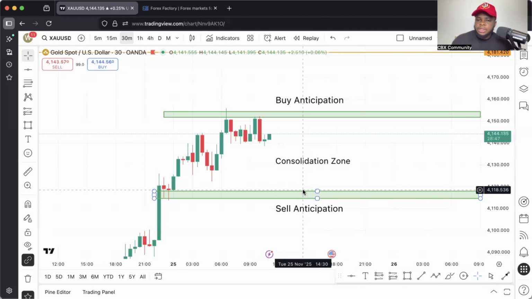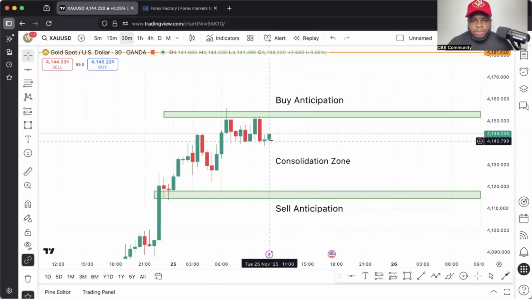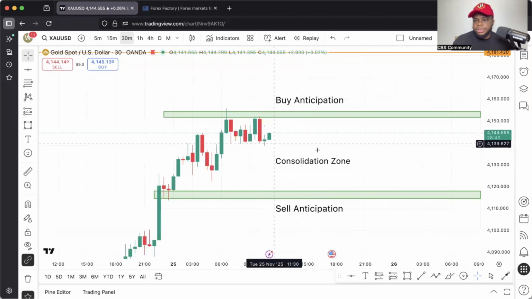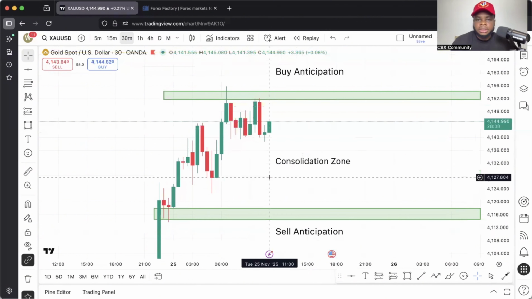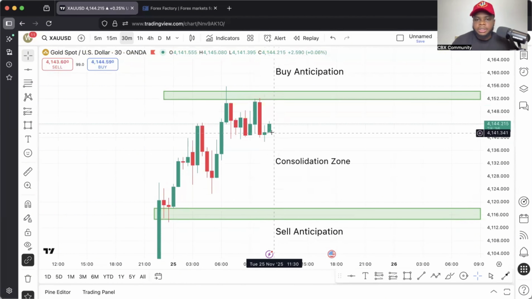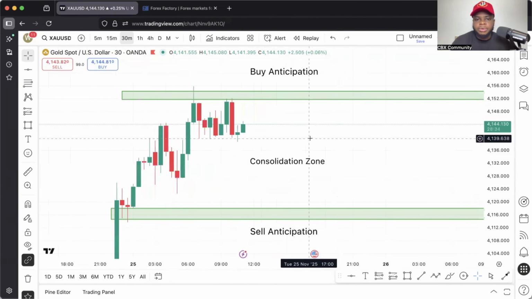So this recent 30 minutes candle just broke the high of this bullish candle over here. The candle is here to create like a lower wick. So let's see.